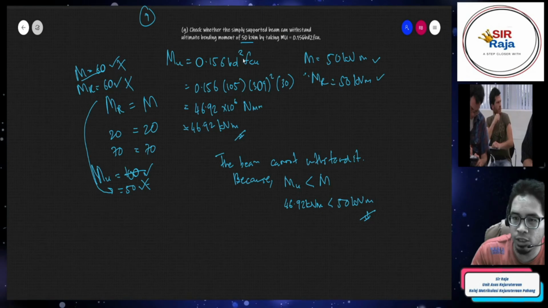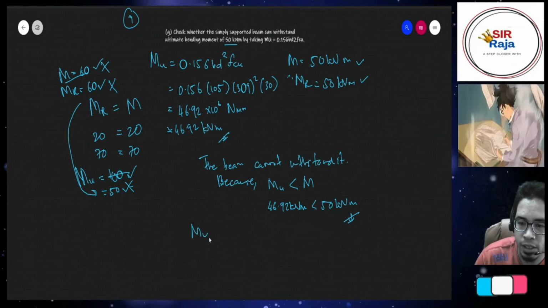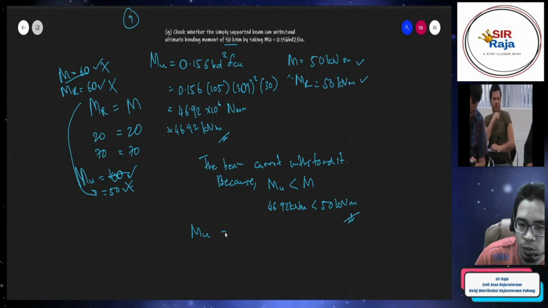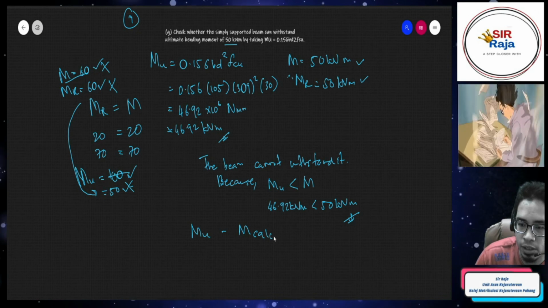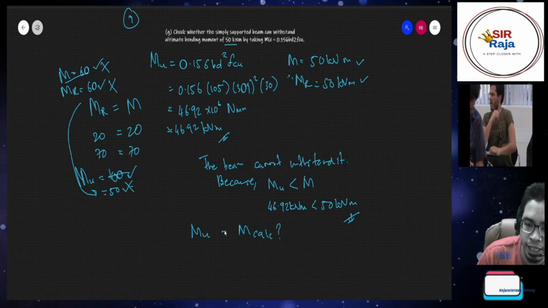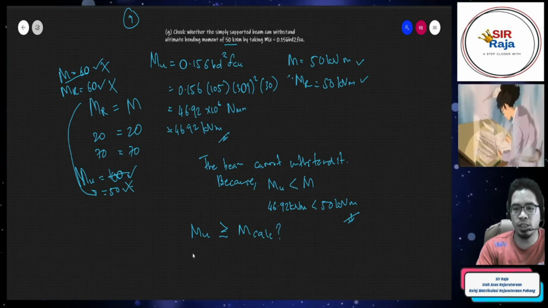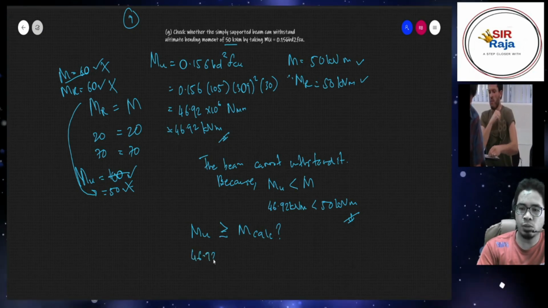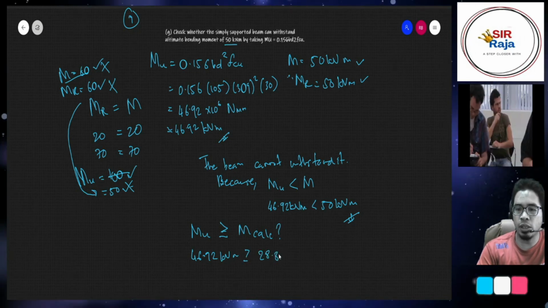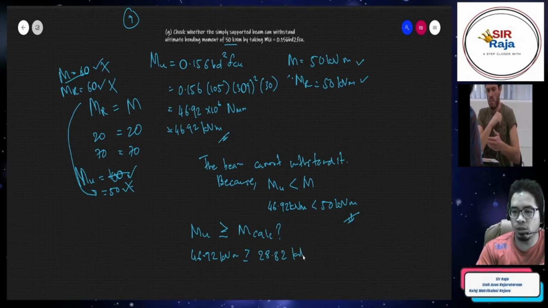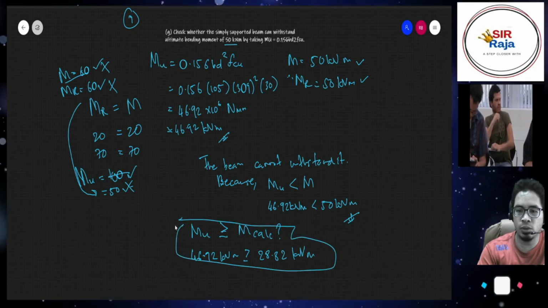If the question asks whether our beam can withstand the M that we have calculated, yes, because MU is bigger than M: 46.92 kilonewton meter is bigger than 28.86 kilonewton meter. Just some extra note.